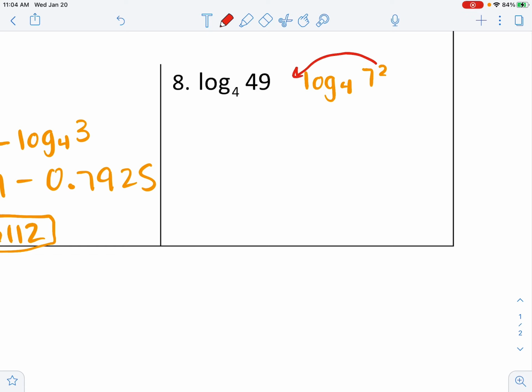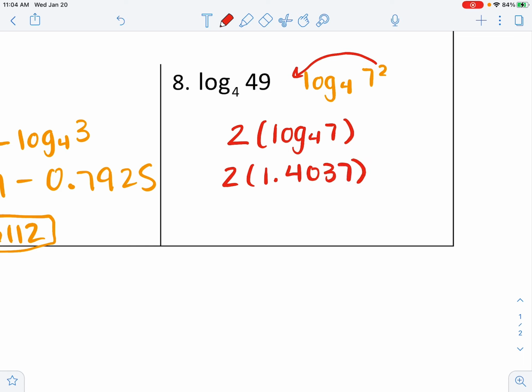Remember, it just becomes the coefficient of the log. So now we have 2 times log base 4 of 7. We know that log base 4 of 7 is 1.4037. And now we just multiply that by 2, and we get 2.8074. And there's our final solution for this one.